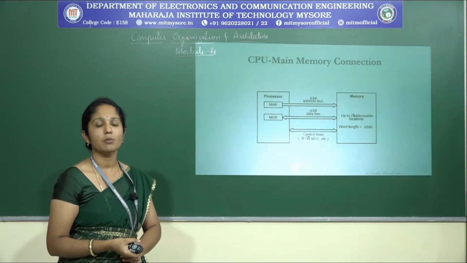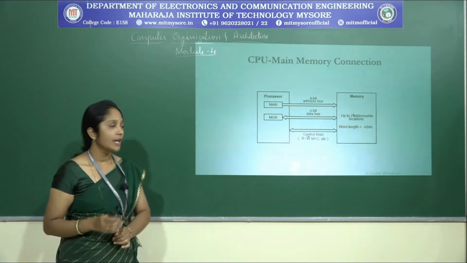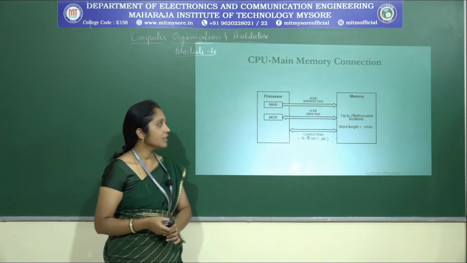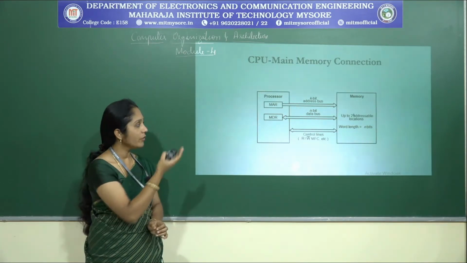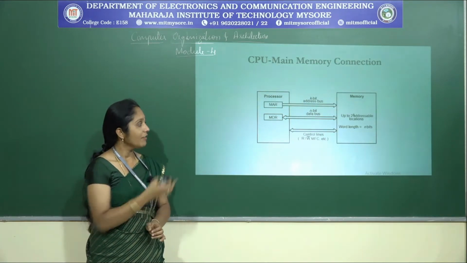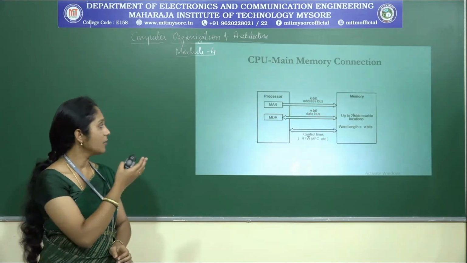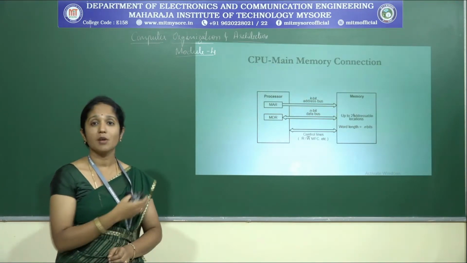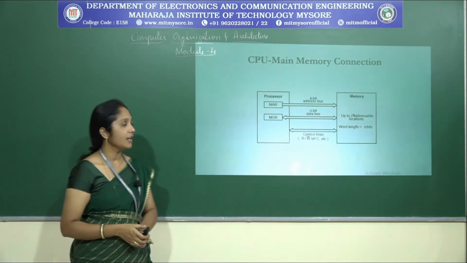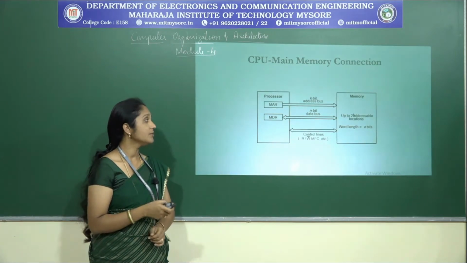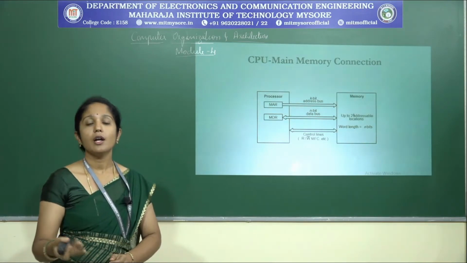Next we have data. Depending on the processor used, we will have the data word length, so in each memory location you will have a word length of n bits. Now we have another connection between the processor and memory, and that is the control lines. In the control lines we have two signals written here: read or write bar, and MFC. Read or write bar indicates whether the data is to be read or written.